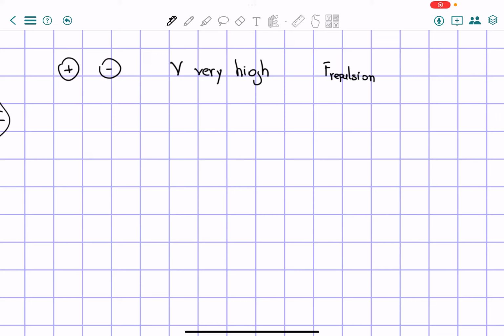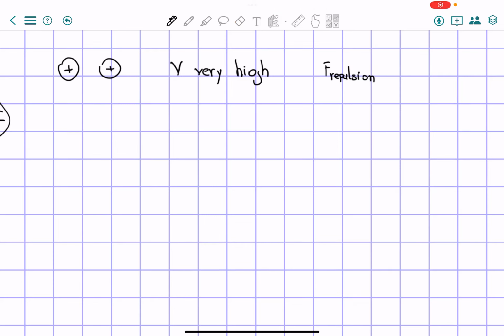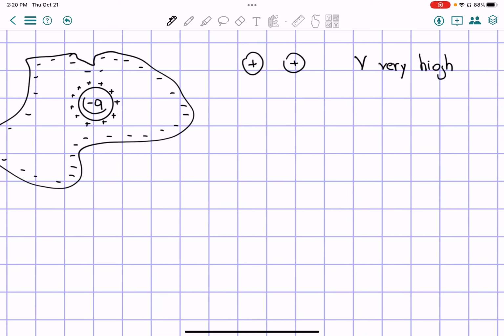Oh, sorry, if two positive charges are next to each other, then they will be fighting each other and they will try to get away from each other. And that's what happens between the charge inside the hole and the charges that go on the outer side. They try to get as far from each other.